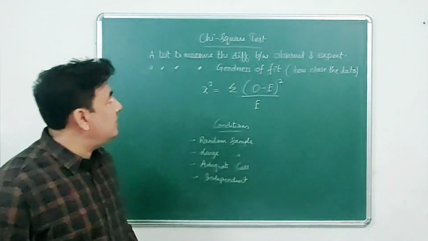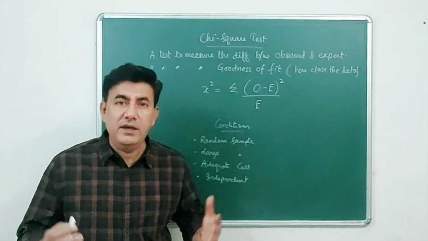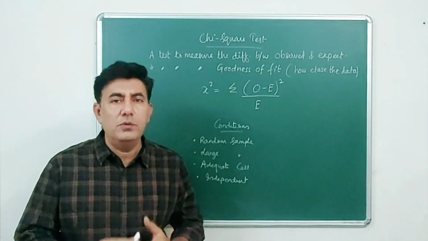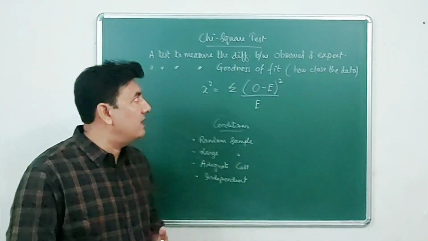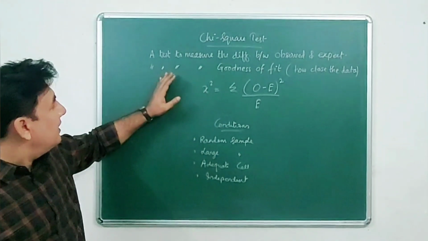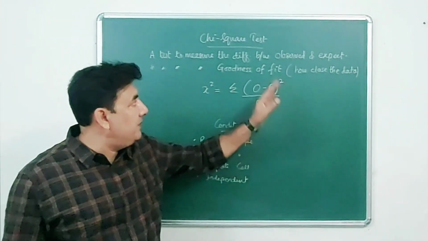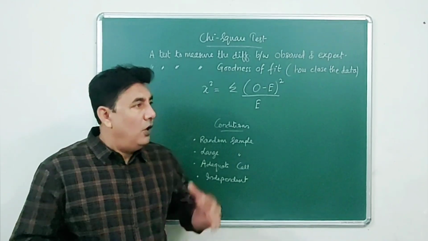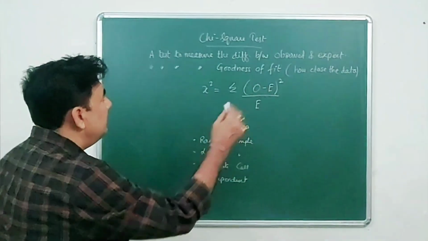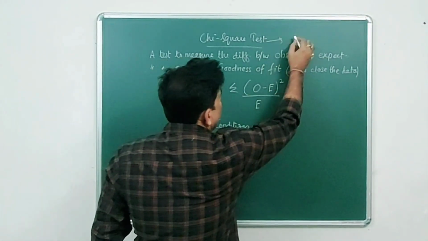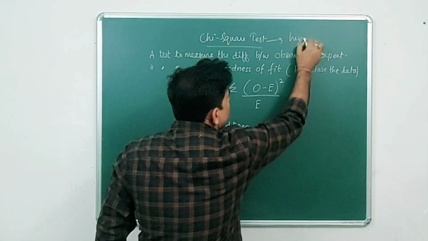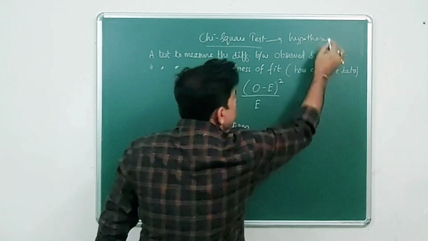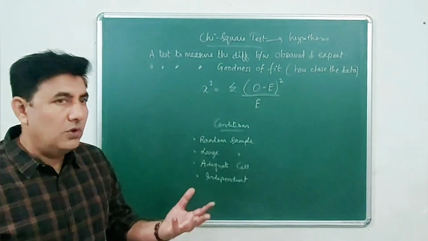The next important question is chi-square test. Again, a very, very important question, very common question, almost strikes every year in the exams. You must understand this. It is a test to measure the difference between the observed and expected data. This chi-square test is connected with hypothesis, and hypothesis is a tentative solution of a problem.